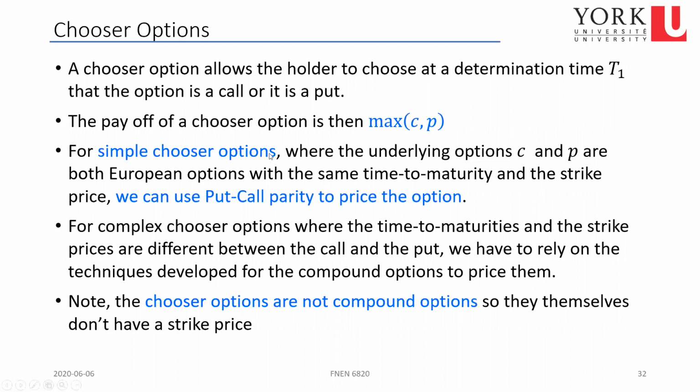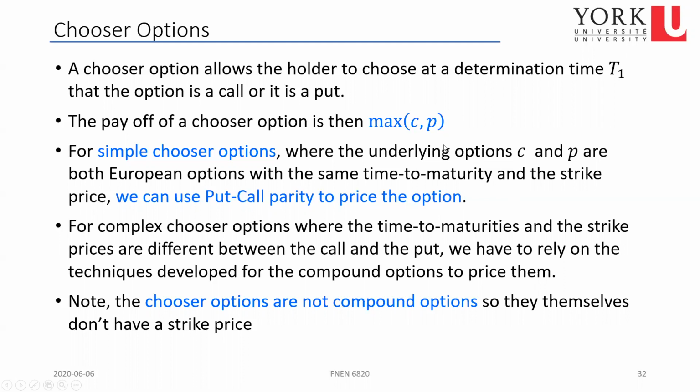For simple ones, where the underlying options, either a call or a put, are both European and have the same time to maturity and the same strike price, we can use a put-call parity condition to price the chooser option.